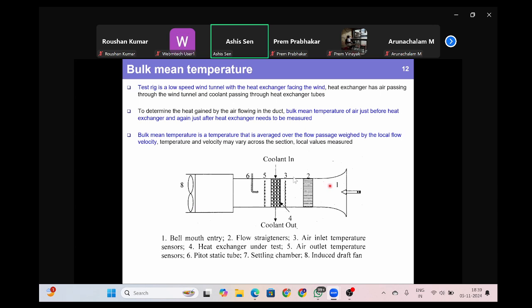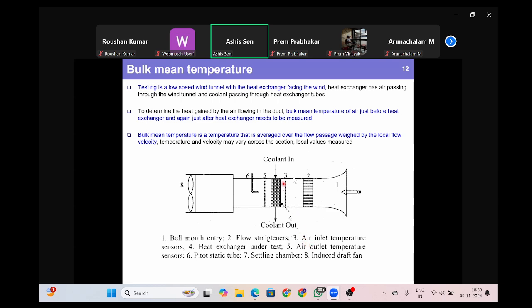Initially, you typically have a bell mouth entry through which air comes in. Any turbulence in the air is taken care of by using the flow straightener, which makes sure that the flow becomes perfectly unidirectional and preferably laminar.